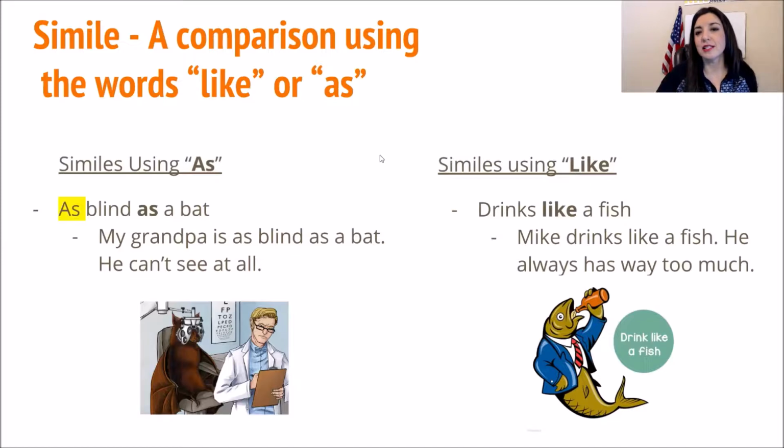Now let's look at the simile using like. Drinks like a fish. In this case, again, do we know if fish really drink water or if they drink a lot? Well, I'm not a scientist in marine biology, so I don't know, but the assumption is that they do.